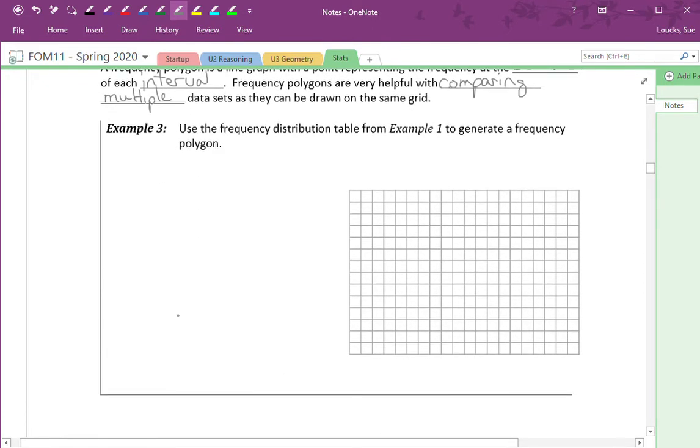Okay. Example 3, use the frequency distribution table from example 1 to generate a frequency polygon. So we're basically going to use the same data from up above, which is not on the screen anymore, but you have it on your paper. So we're going to set this up the same way. This is now going to be a frequency polygon of Unit 1 test scores.